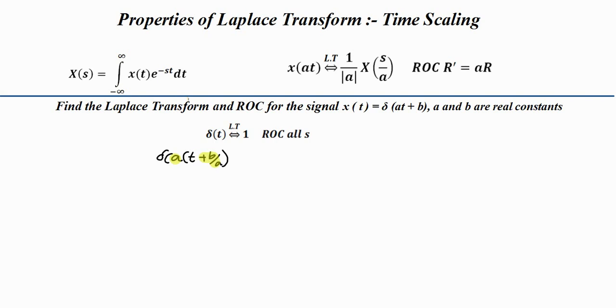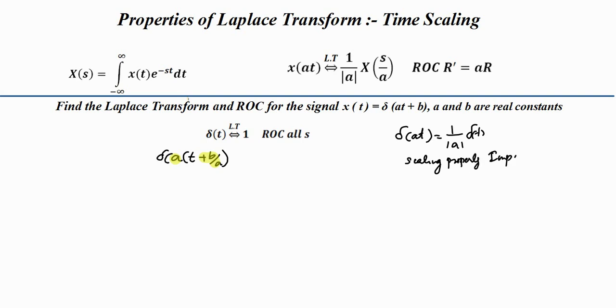But when you do this problem, you always remember this is an impulse signal. When it is del of at, I will go to an important property of impulse: del of at is equal to 1 by modulus of a into del of t. This is the scaling property of an impulse signal.